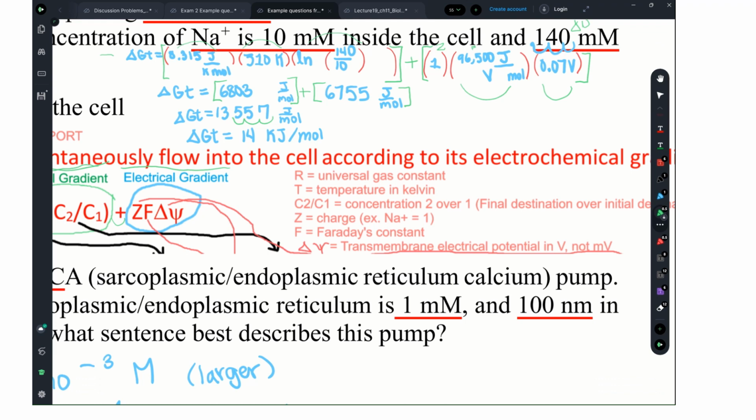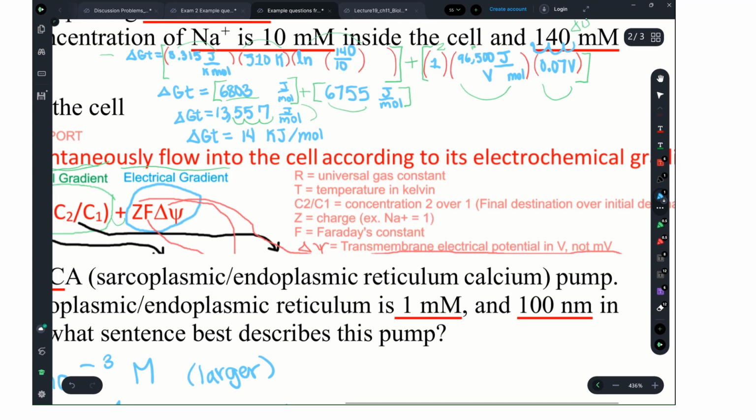And then when you multiply, you end up with 6803 joules per mole for the chemical gradient portion of the equation, and then 6755 joules per mole for the electrical gradient portion of the equation. So once you have that, you just add them together, and that gives you 13,557 joules per mole.